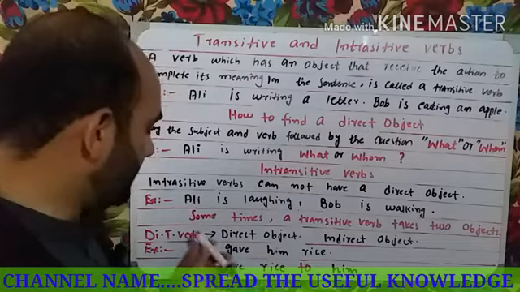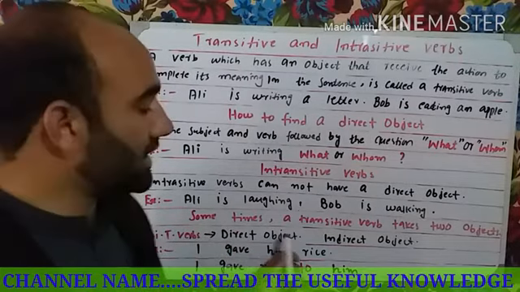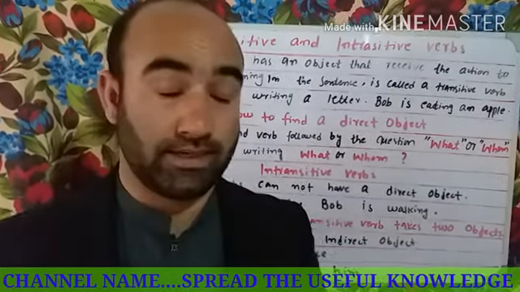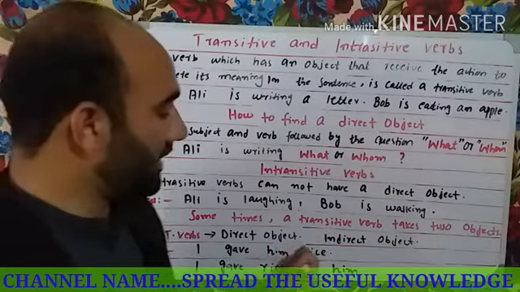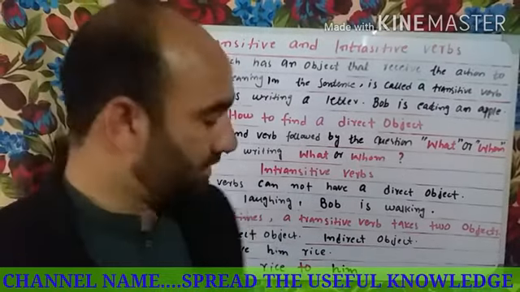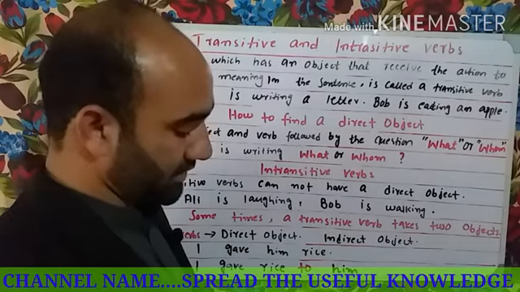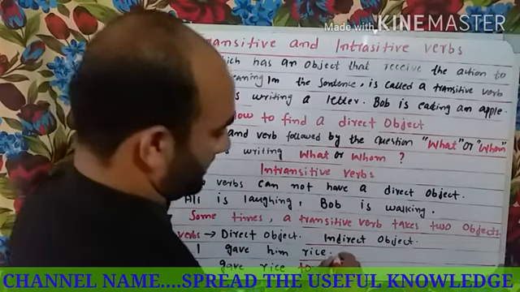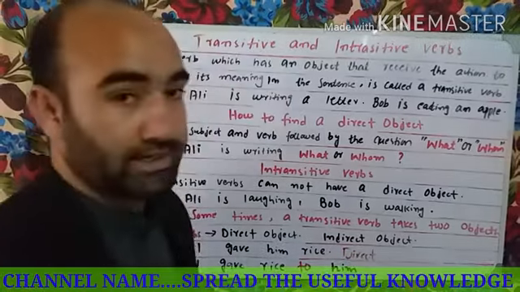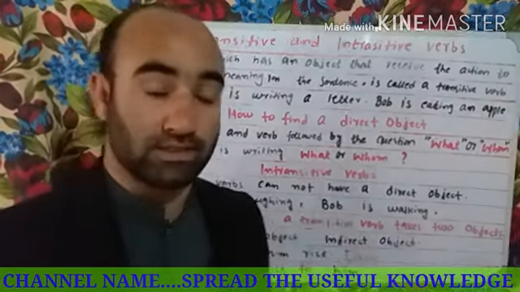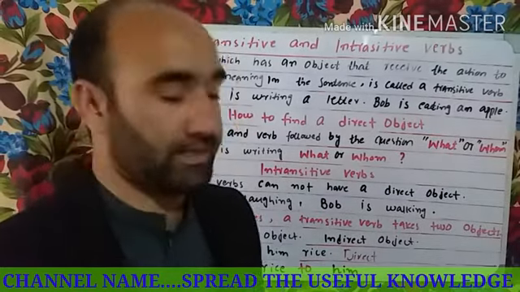For example, with ditransitive verbs, a direct object and an indirect object: I gave him rice. Rice here is a direct object which receives the action.